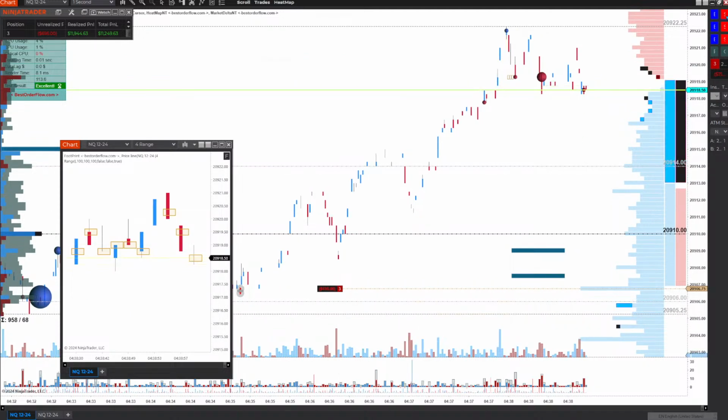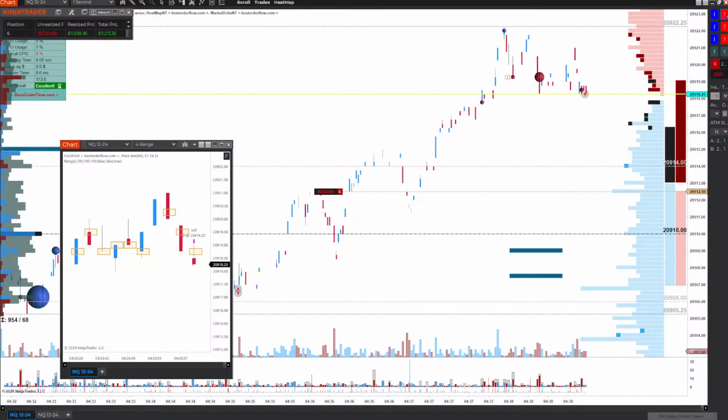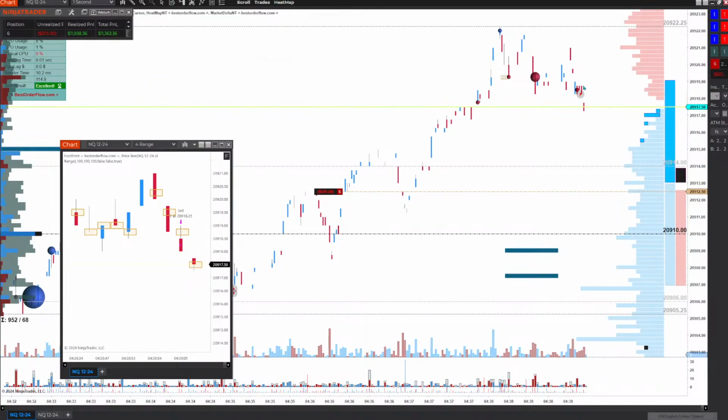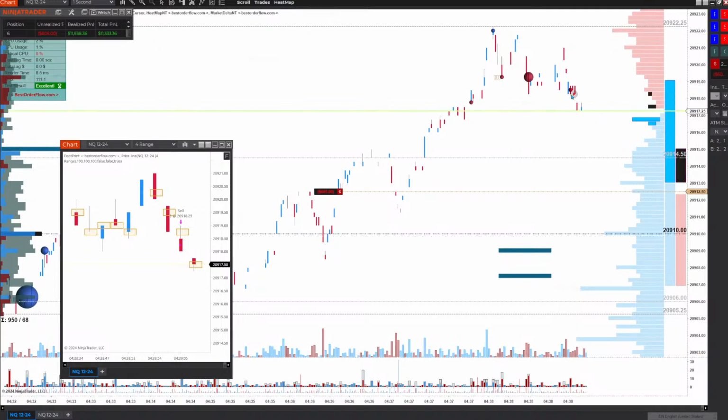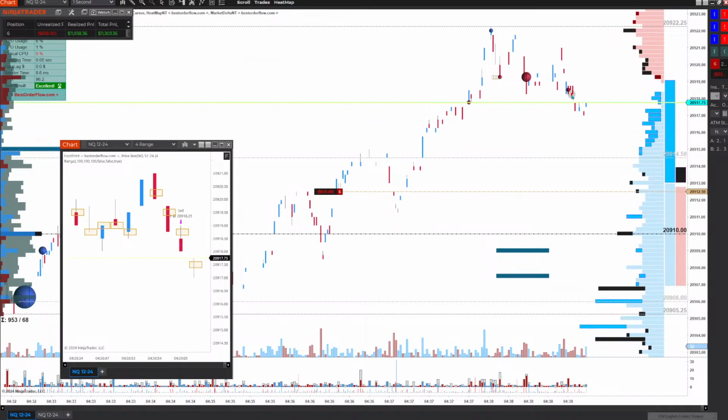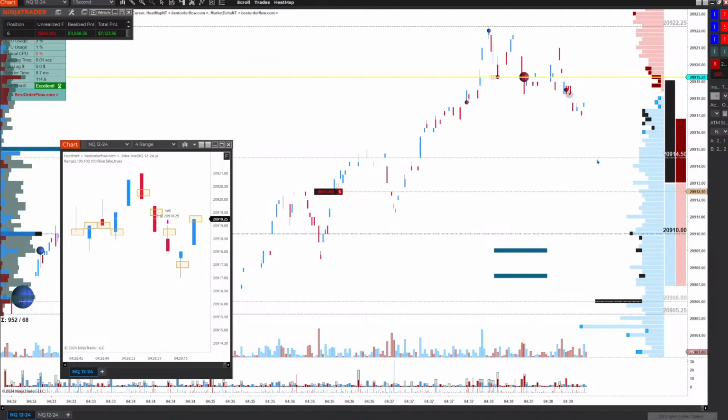And what I can do is add another sale from right over here. See, I just added right over here. Another 3 contracts, and I'm going to catch up. I hope the price is going to go and at least land over here.